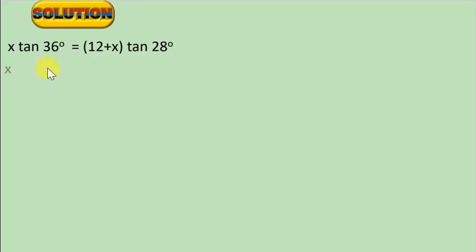So now, we're going to simplify by distributing tan 28 between 12 and x. So let's distribute. That will give me x tan 28 plus 12 tan 28. Remember, when you distribute, you share between those terms inside the bracket. You should not leave anyone.